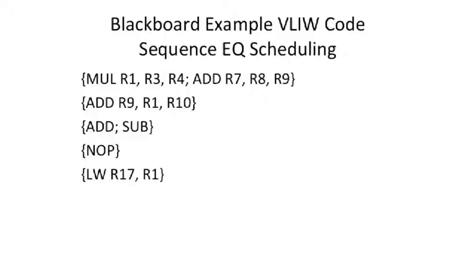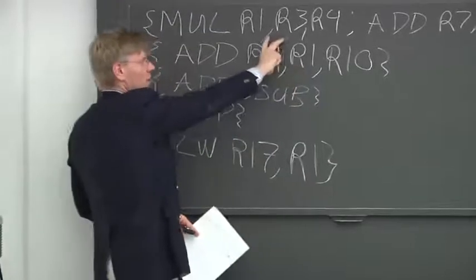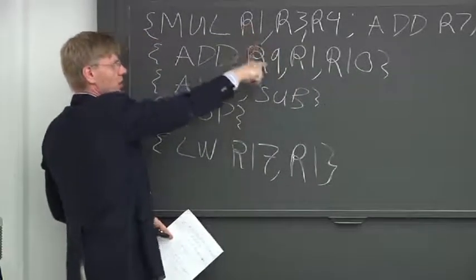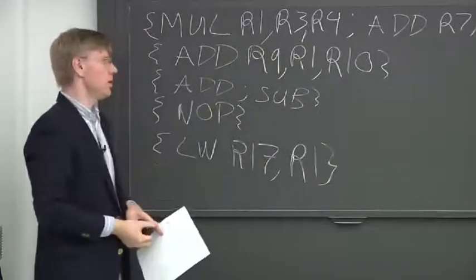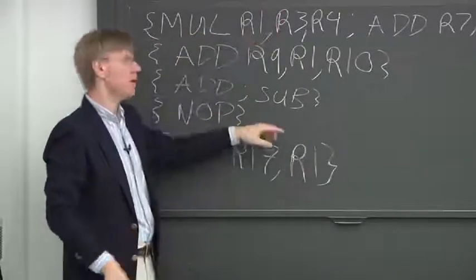If we were to try and take the same piece of code and run it in an LEQ model, the main difference is this add here, which reads R1, would not be allowed in the shadow of the multiply, or the delay of the multiply.